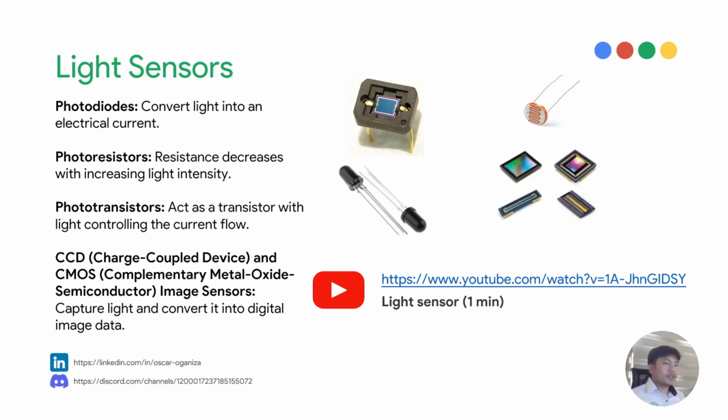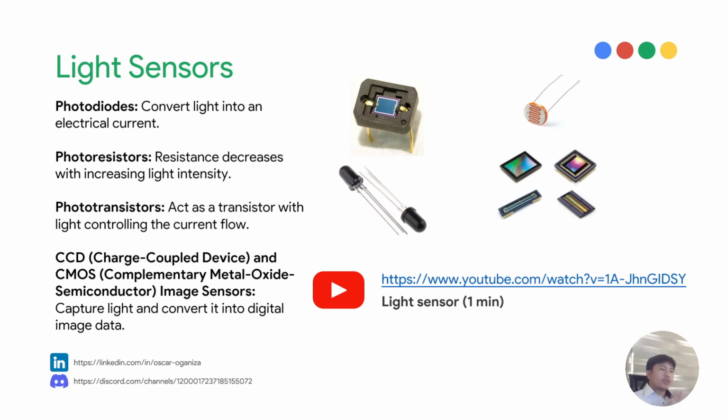The second one is the photoresistor. In a photoresistor, resistance decreases with increasing light intensity. So when it gets brighter, its resistance goes down. The third one is the phototransistor. What is this phototransistor? A phototransistor acts as a transistor with light controlling the current flow.